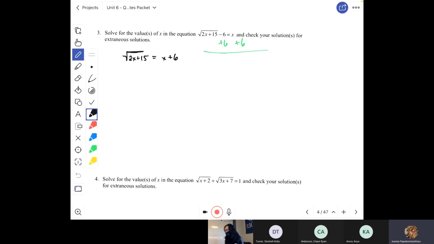Now, I've isolated that radical expression on the left-hand side. What am I doing to solve for x? I am squaring both sides. Squaring the left-hand side just brings that radicand outside of the radical symbol. But on the right-hand side, I have a binomial squared. How do we address the binomial squared?